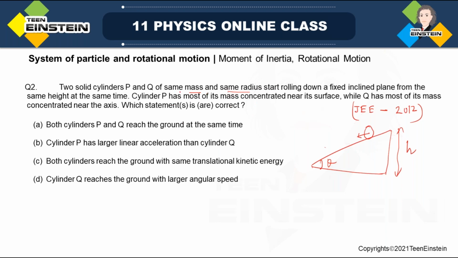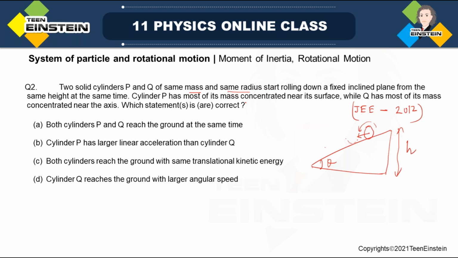So two cylinders, their masses are same, their radius also same. They start rolling down a fixed inclined plane from the same height at the same time. Rolling means it will be coming like this. All right, so it is rolling down.